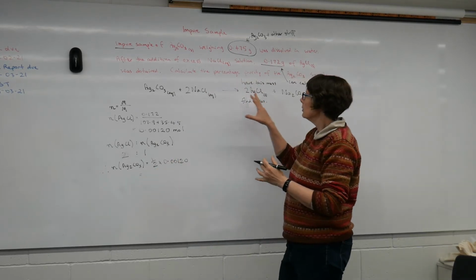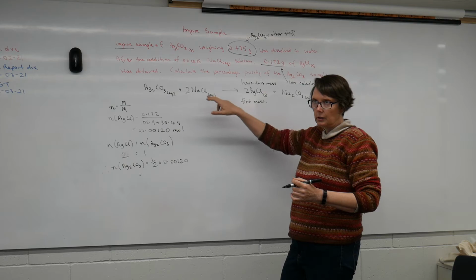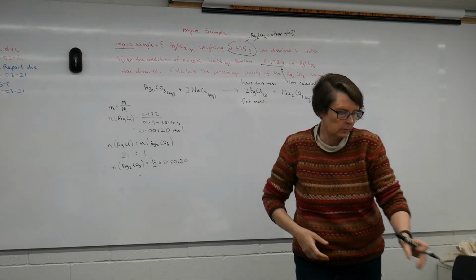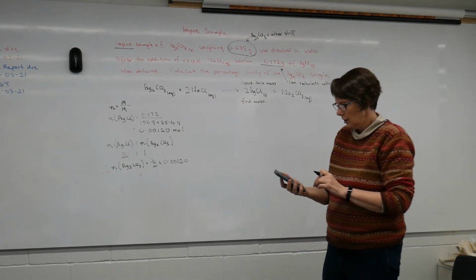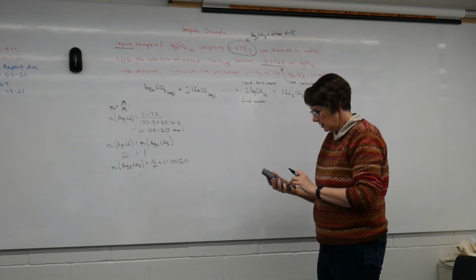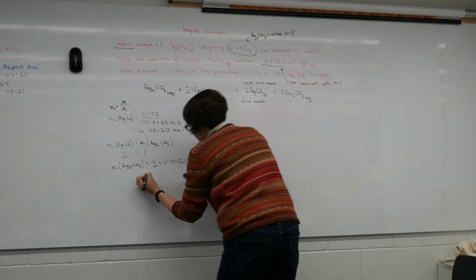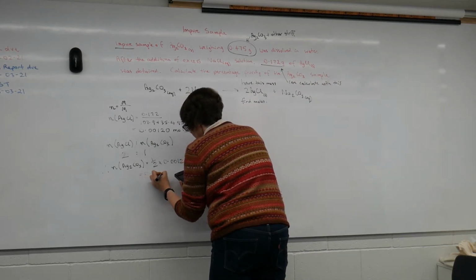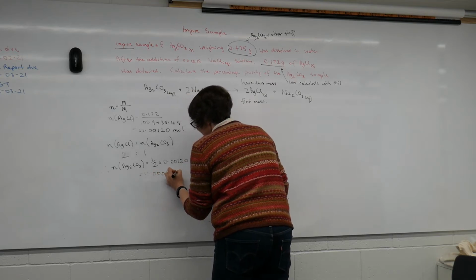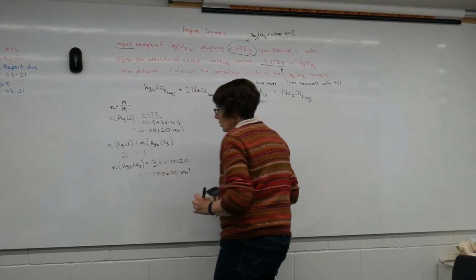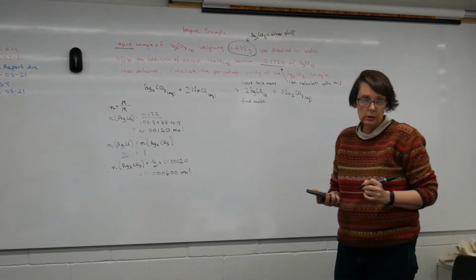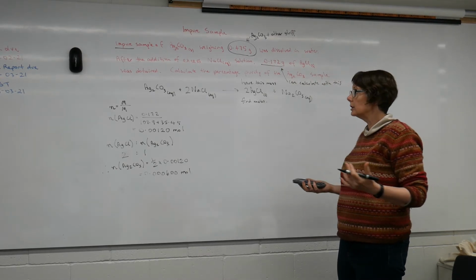Okay, and if I look at that, it makes sense to go half, not the other way. Some people get their mole ratios a bit mixed up. That gives 0.0000600 moles of silver carbonate that actually reacted.